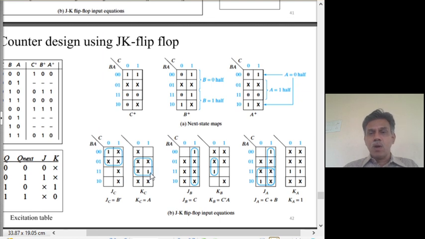When we try to cover a 1 here, the X's in the other part of the sub K map can always be made use of to increase the coverage. While doing so, C will get eliminated, and therefore C will not figure in the expression for KC. So in both these things, C can be removed.